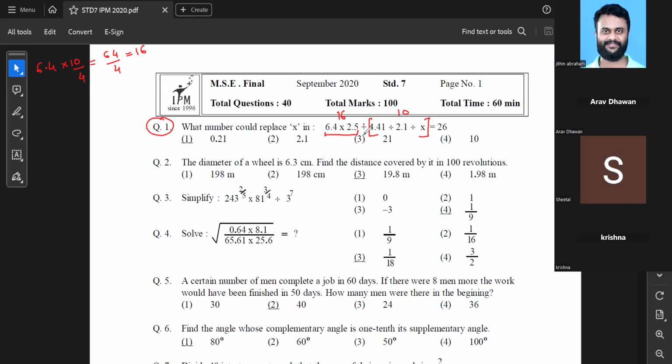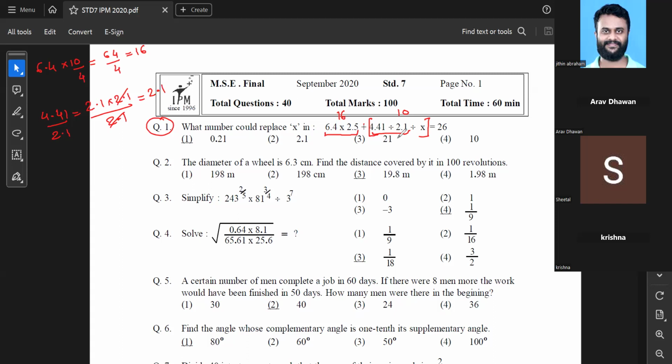So first, let's divide these two numbers. 4.41 divided by 2.1. Now, this 4.41 is actually 2.1 squared. So 2.1 multiplied by 2.1 upon 2.1, the 2.1 gets cancelled and I'm left with 2.1.